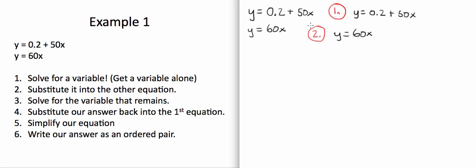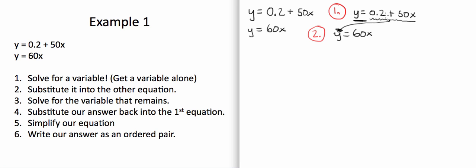When we deal with systems, we can substitute that 0.2 plus 50x in for the other y value, because we're trying to find where those values are the same, or where they intersect.